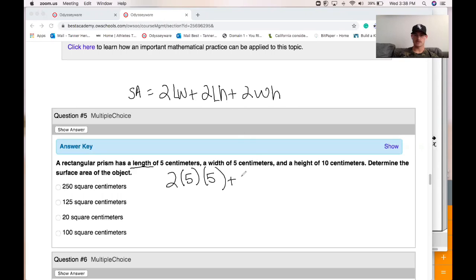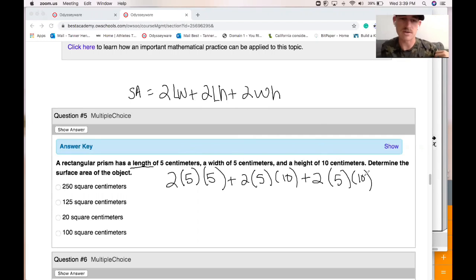2, again, length is 5. And now a height of 10. Plus the last one, 2, my width is 5. And my height is 10. So once we get this, the hard part is done. You guys have calculators. You guys can do this in your head, whatever you think.